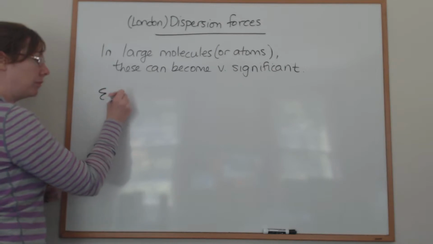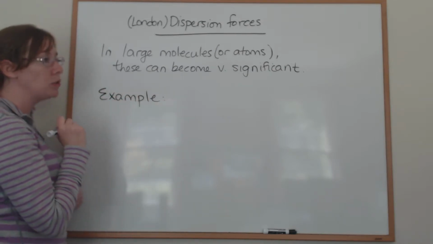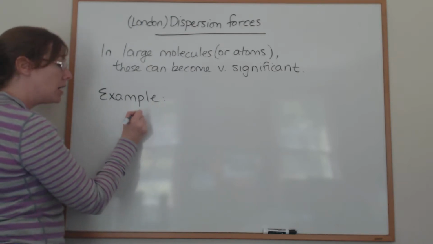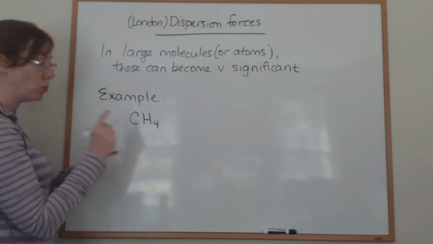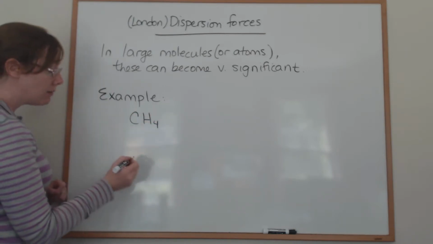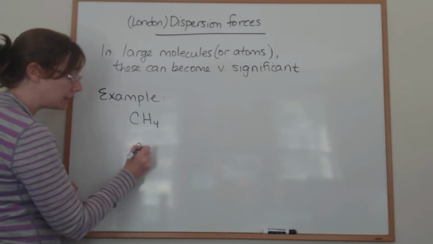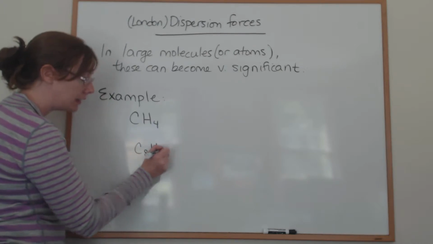Example, if you compare hydrocarbons, so hydrocarbons are molecules that contain just hydrogen and carbon in them. So let's have a small hydrocarbon like methane, CH4, just one carbon. Let's compare that to something like octane, which has the formula C8H18.